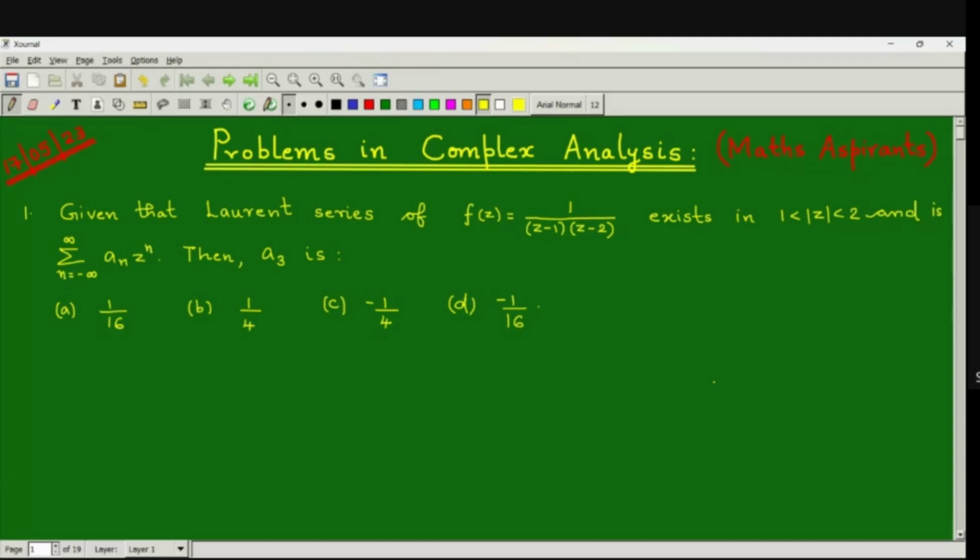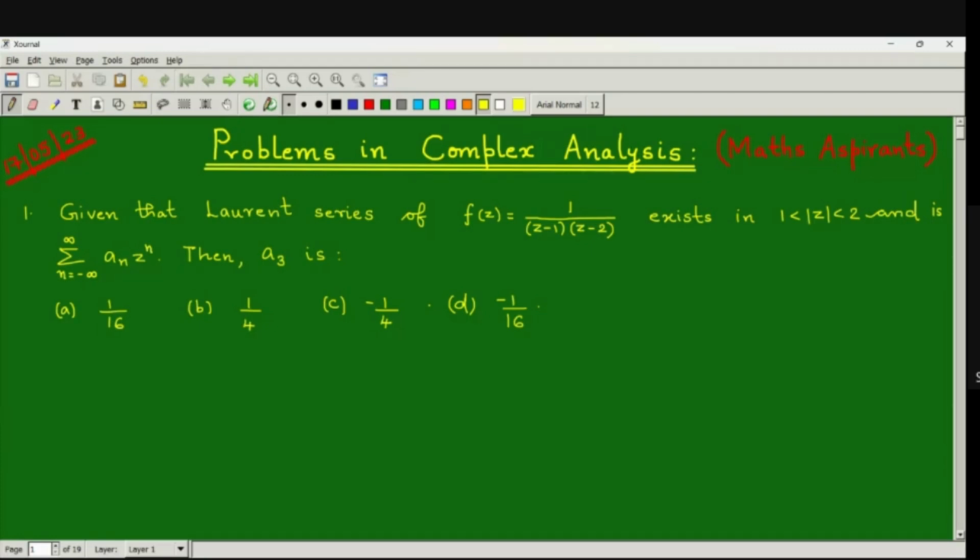So we are here to discuss the problems in complex analysis. I hope that everyone is going to write this June's NET exam, and all the questions which I am going to discuss are based on the previous year question papers of CSIR NET, so that it will help you see how they are asking from this area and how to attack a problem whenever we see a question.